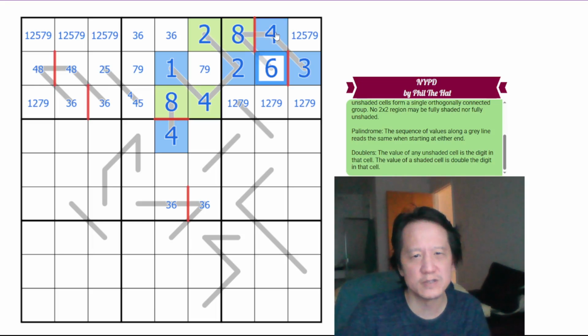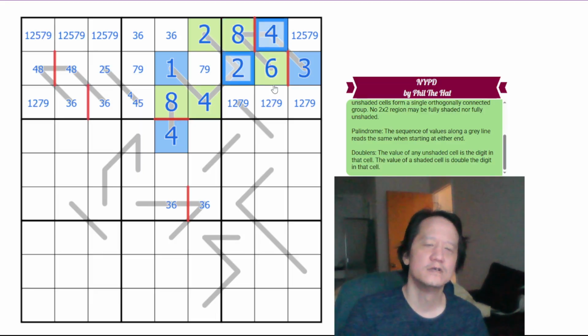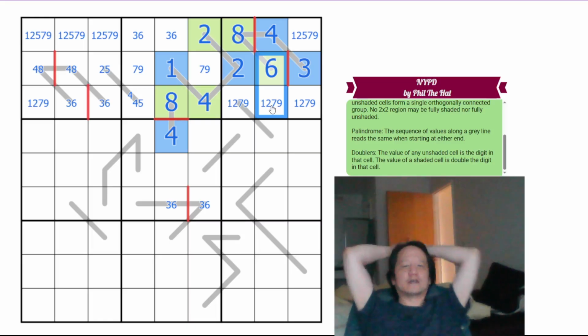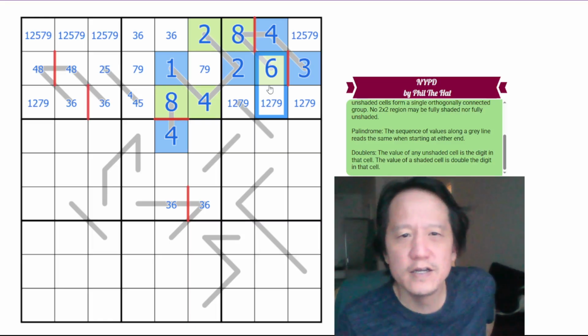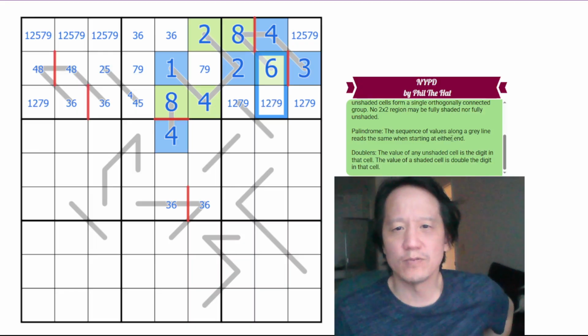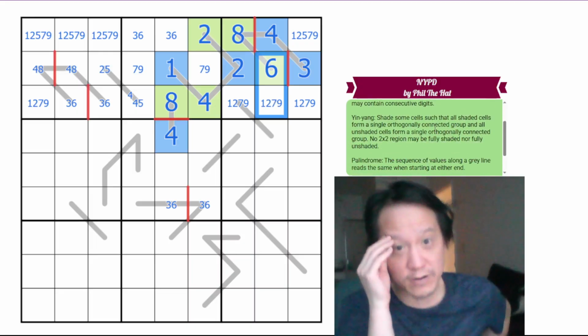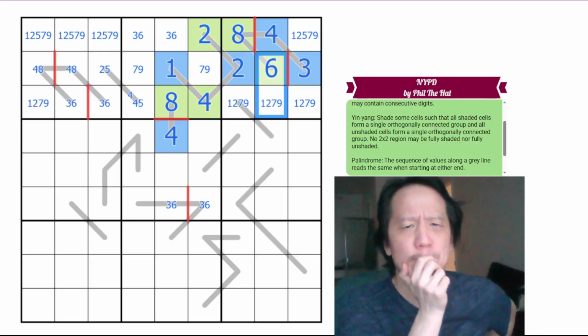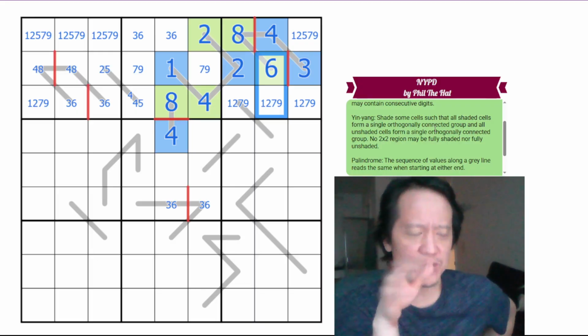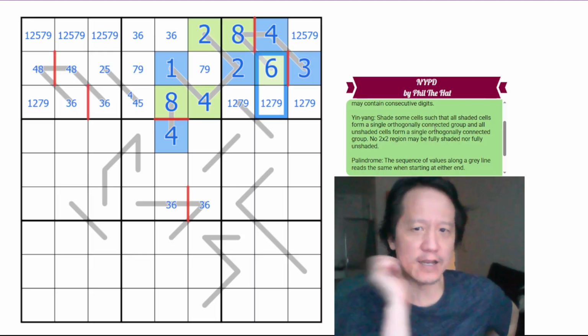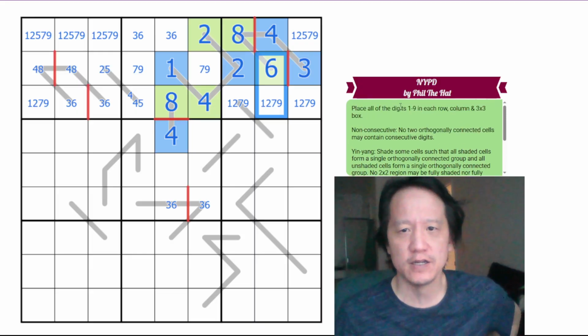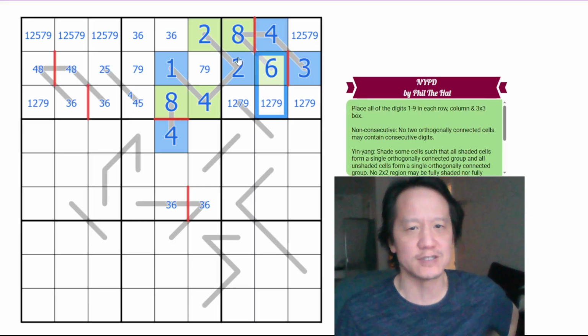Oh, I messed this up. No, you have the deadly pattern again. What the heck? What's going on? This can't be... Okay, well now I'm just... I don't know what's going on now. So I did everything from the beginning, and now realizing that no two orthogonally connected cells can contain consecutive digits. But that restricts things a lot.